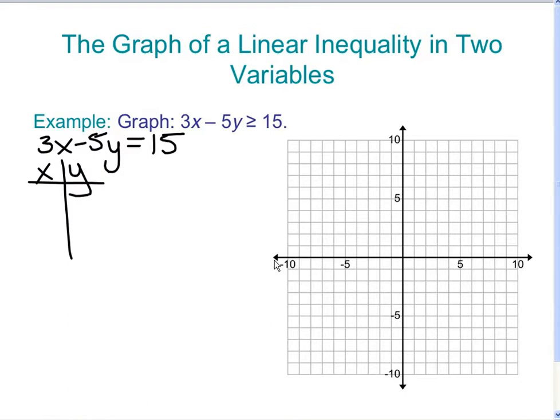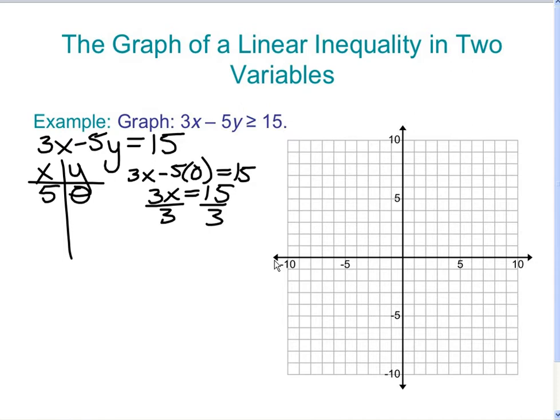You're going to plug in 0 for y. So you have 3x minus 5 times 0 is equal to 15, and you're going to solve. Negative 5 times 0 is 0. 3x equals 15. I'm going to solve for x by dividing by 3. And you get x equals 5.